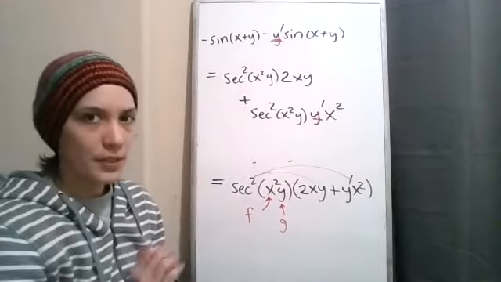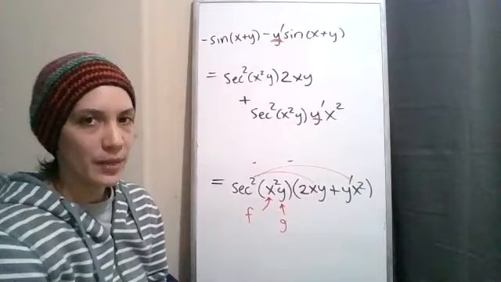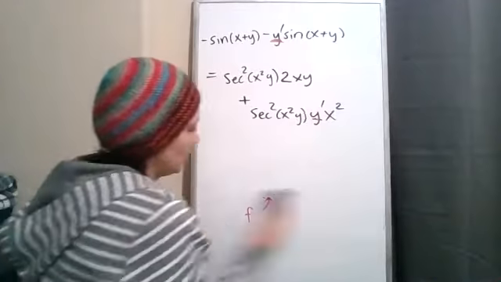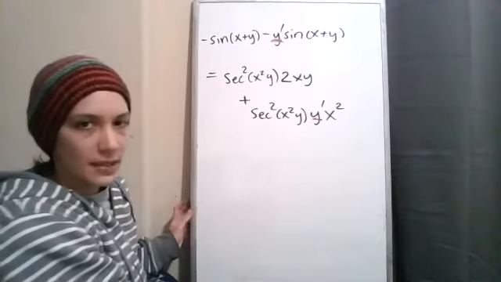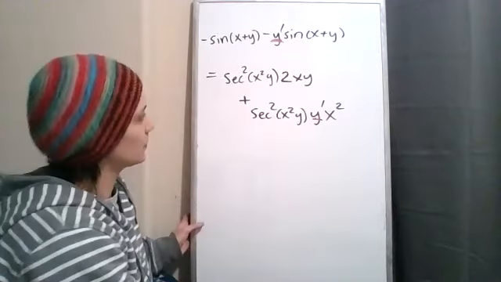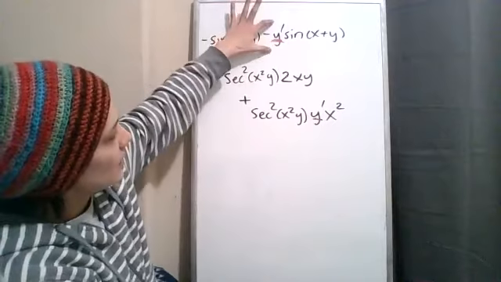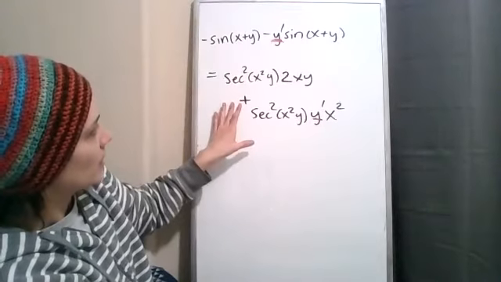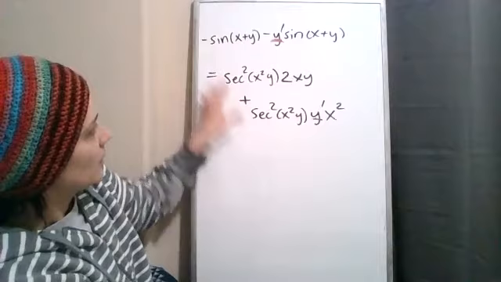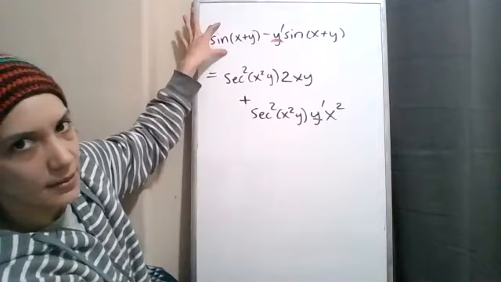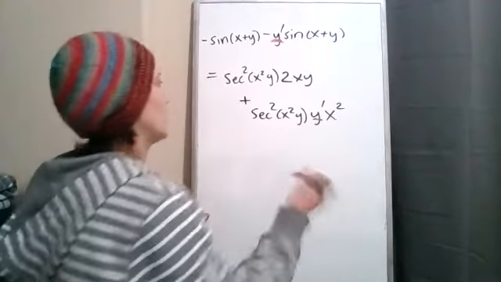Right, I need the terms with y prime on one side of the equation, everything else on the other side of the equation to isolate y prime. I would like to take this and add it to both sides to get the y primes together. So we'll subtract that from both sides to get the rest on the other part of the equation.